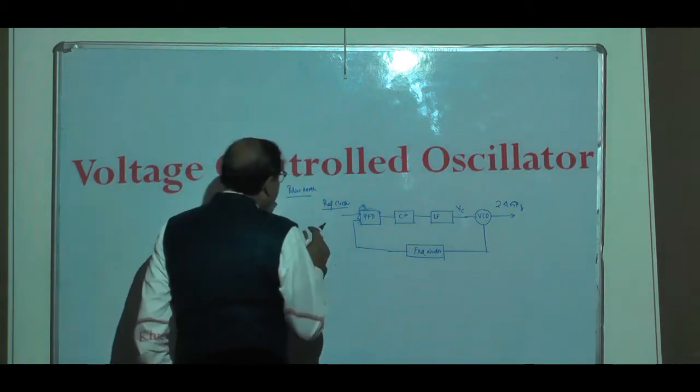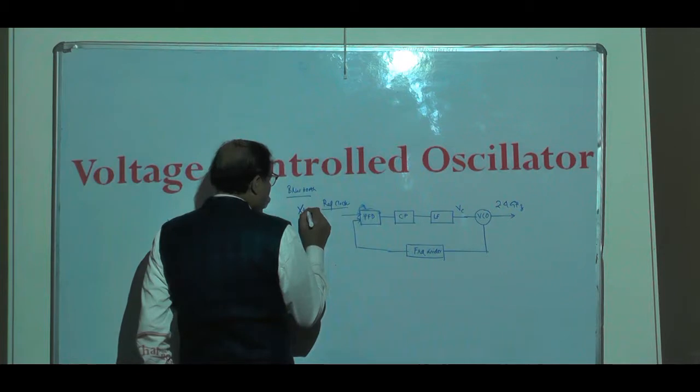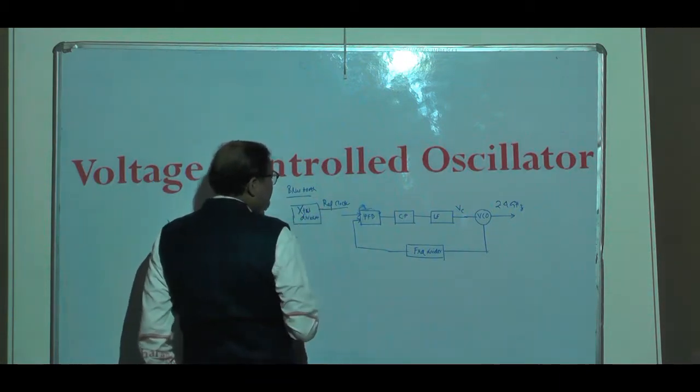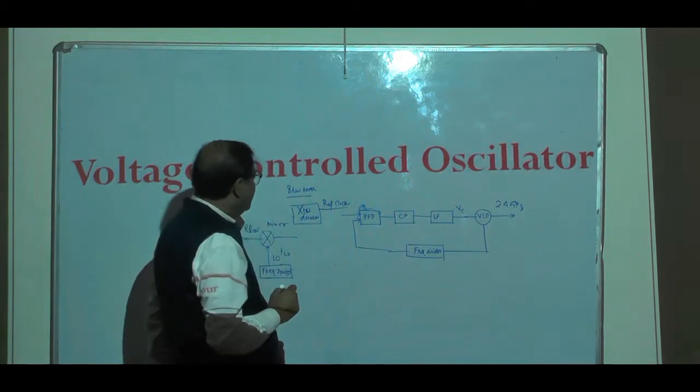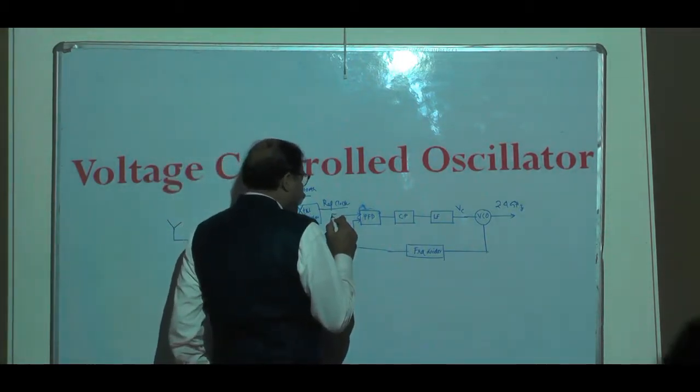The reference clock is normally coming from a crystal, and a divider. There is a divider block. So this is the external supply. That is the reference clock. For example, the reference clock is say 5 MHz.